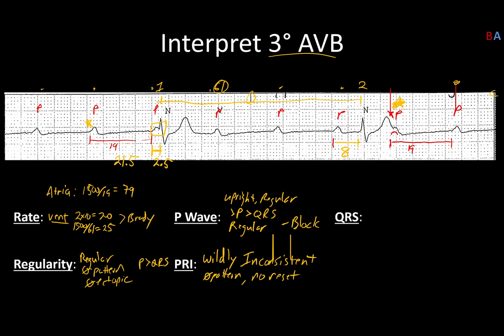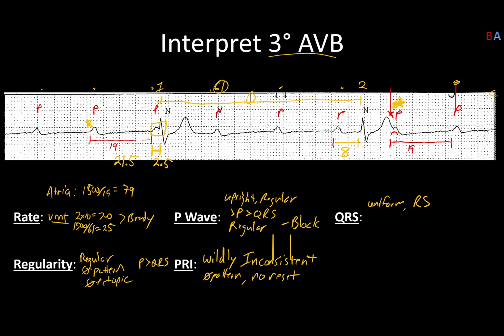As for our QRS, the two that we have, they seem to be uniform. They have an RS pattern. And so let's go ahead and try and measure the QRS on these.